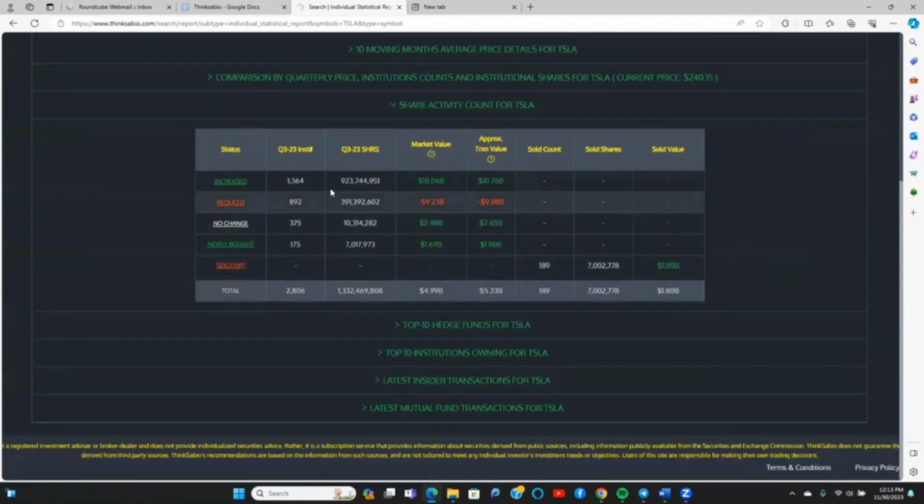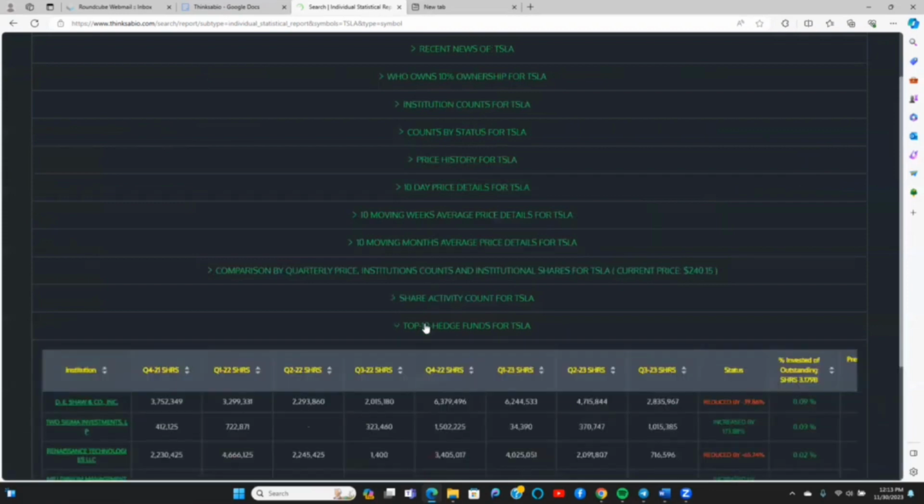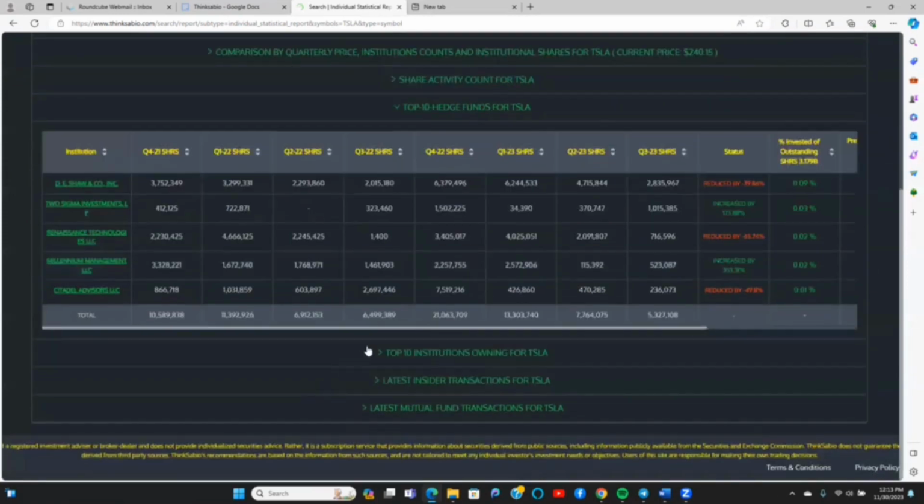You have the share activity count, which looks at how many institutions have increased, reduced, not changed their investment, or recently bought, and then it looks at how many shares they bought or sold and the market value of that. From there, we have the top 10 hedge funds. These are the hedge funds that have the most stock in Tesla.